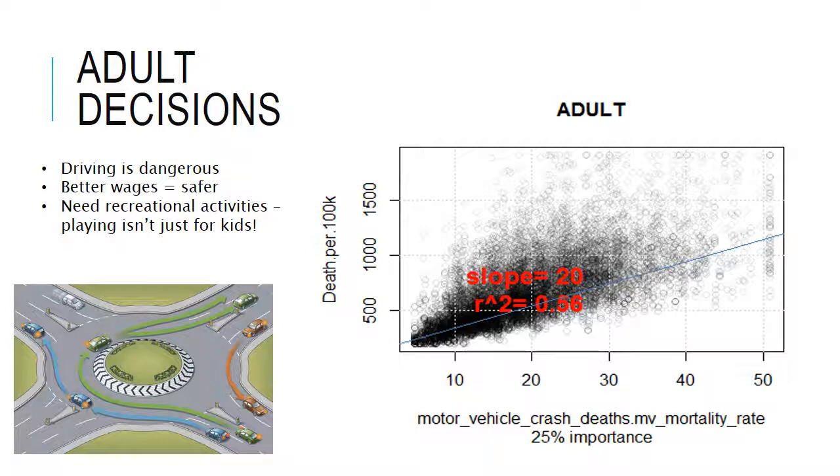As you can see here in node 14, when the access to recreational facilities is greater than 0.33, the death rate goes down over 200 points.